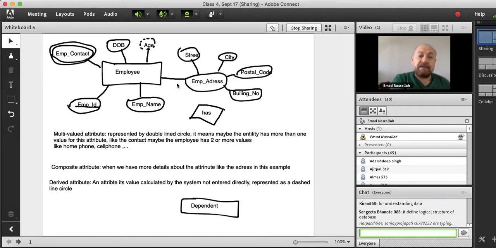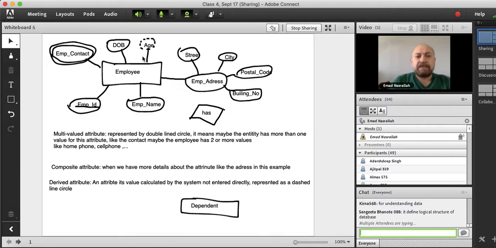Other team members will not go and meet the client and try to understand everything about the system from the client. They don't need to. They just need to look at the ER. When they look at the ER, it must provide them with correct information.